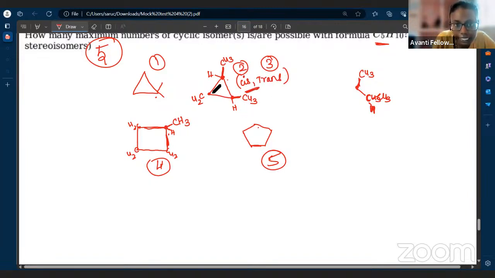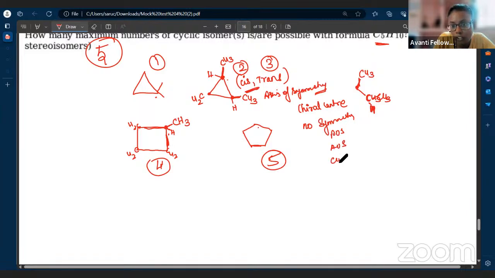When I do the rotation, it will have an axis of symmetry. So what is the condition for optical activity? It should have a chiral center and there should be no symmetry: no plane of symmetry, no axis of symmetry, no center of symmetry. Since there is some symmetry, it will not give an optical isomer. It will give only the stereoisomer. Clear now? Yes, fine.